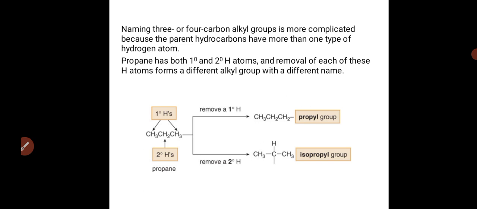But if you remove the secondary hydrogen in the compound, it changes to isopropyl. So always, if propane comes as a substituent, know whether it is isopropyl or normal propyl. You can only know that by knowing which of the hydrogen atoms is removed.